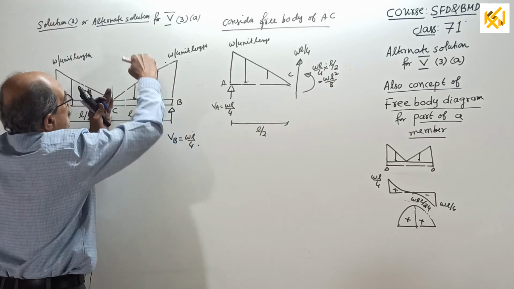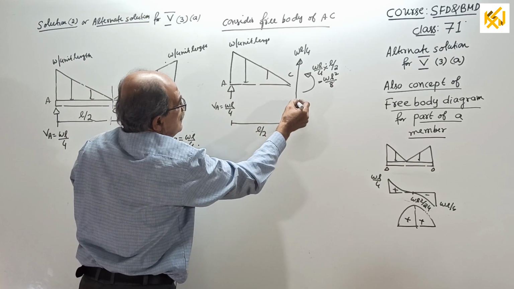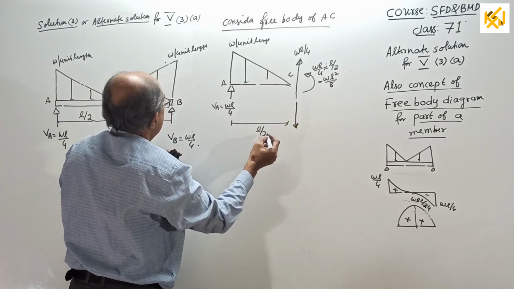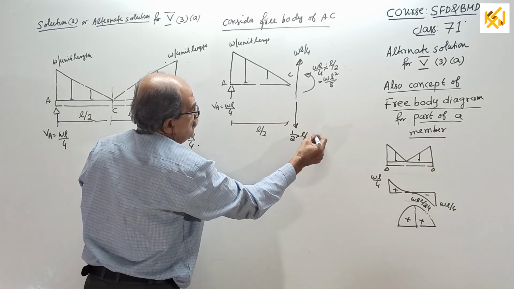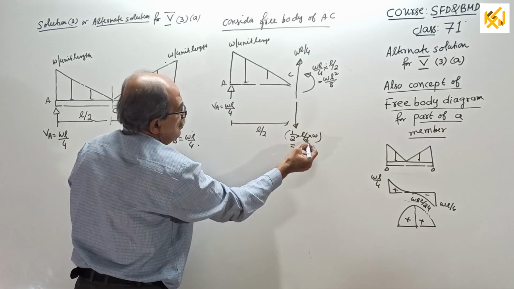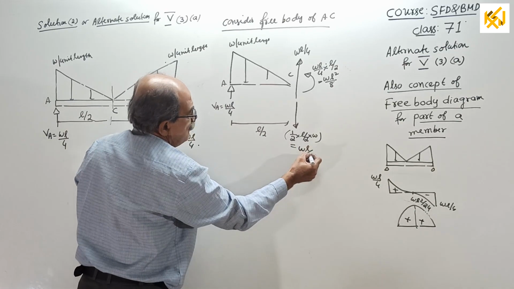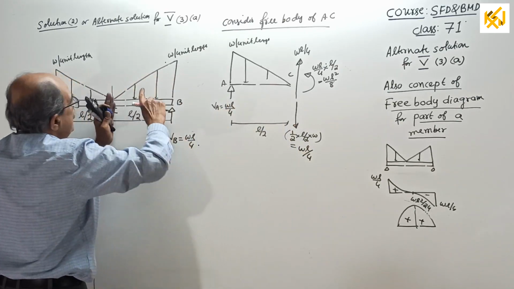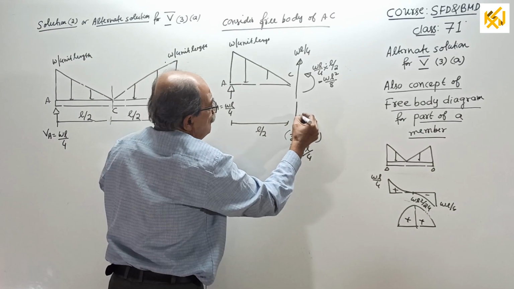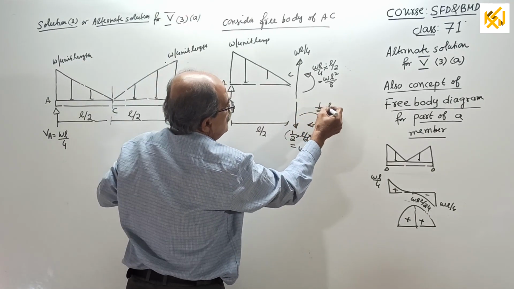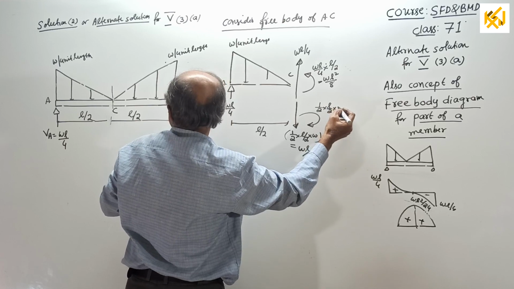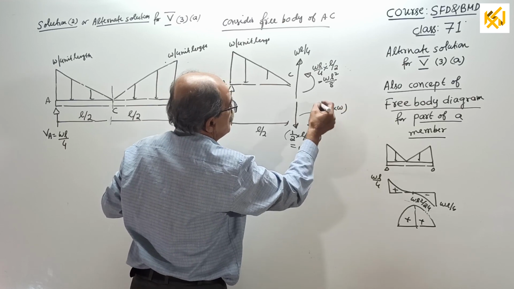Then there is also a downward load here. A downward load of how much? Half into L by 2 into W, equal to WL by 4. And it will create a clockwise moment: half into L by 2 into W is the total load.